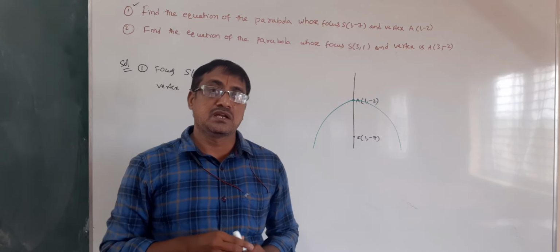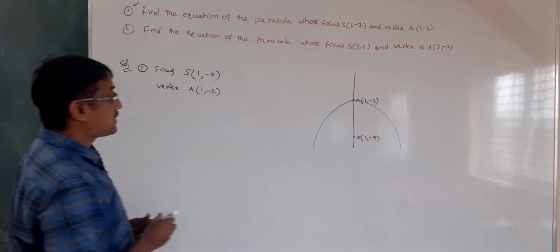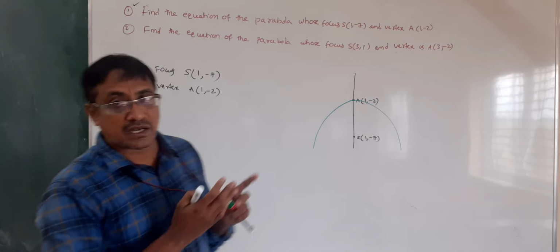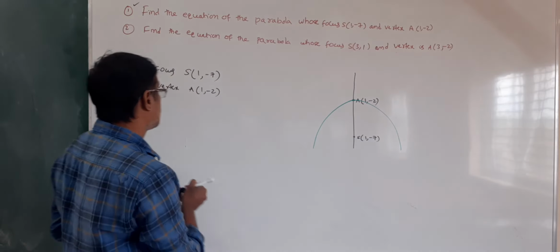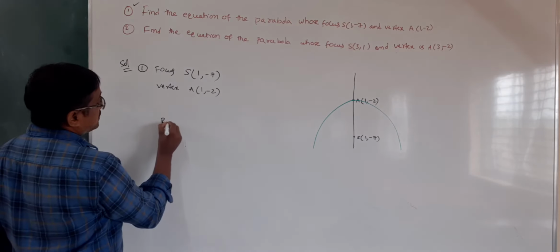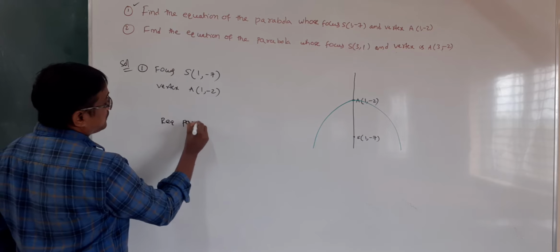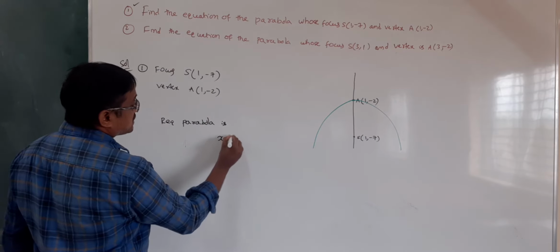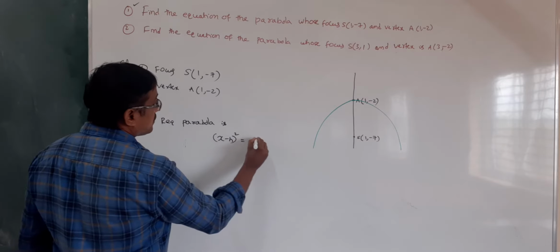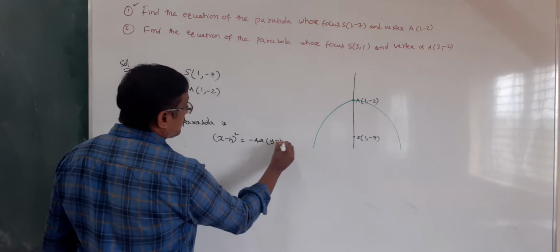The parabola curve opens downwards. Now you know the equation of the parabola whose axis is parallel to the y-axis and which opens downwards. So the required parabola is x minus h whole square is equal to minus 4a into y minus k.